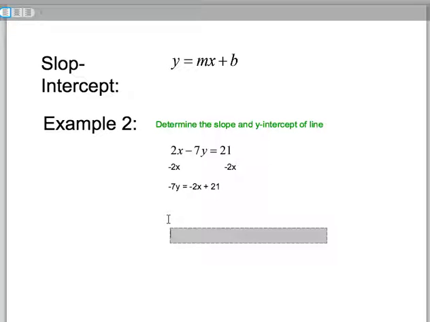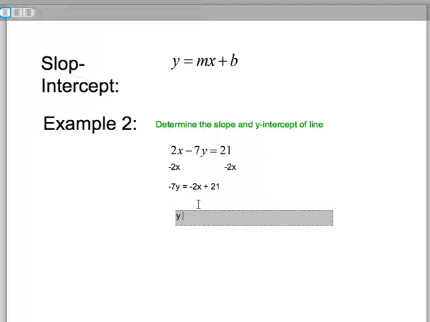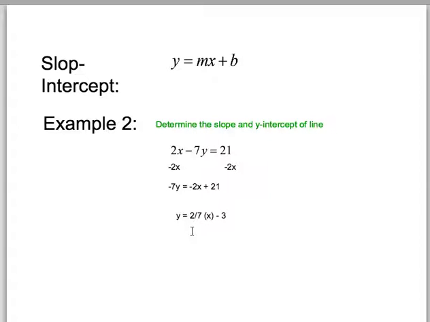So I end up with y is equal to 2/7 times x minus 3. And that's because when I divide -2 by -7, I get a positive 2/7. When I divide positive 21 by -7, I get a -3.